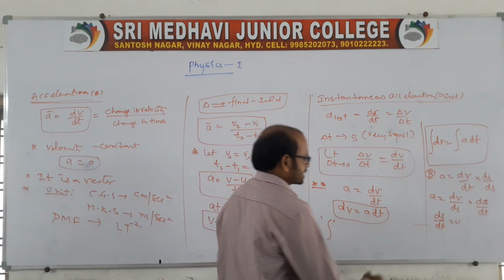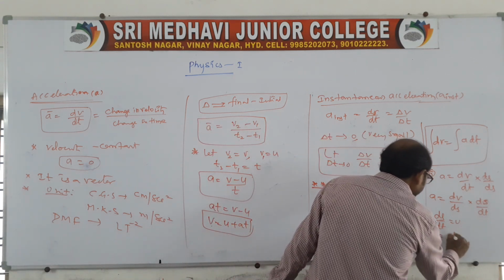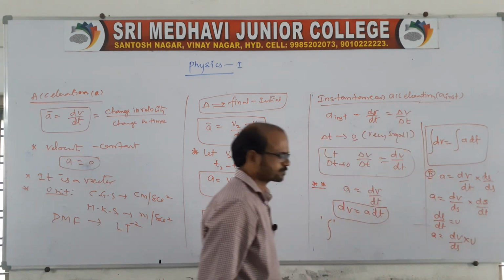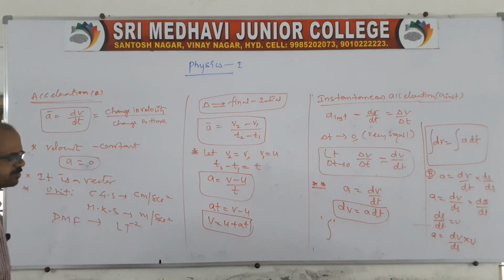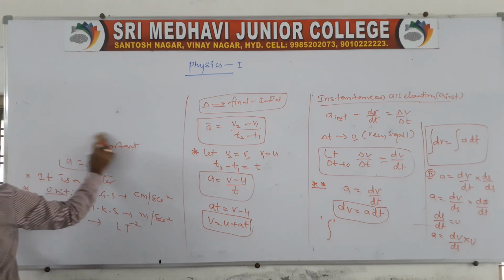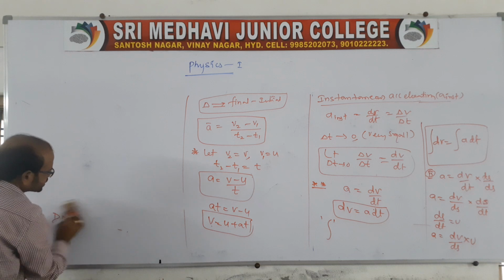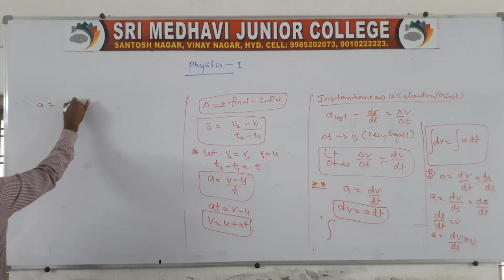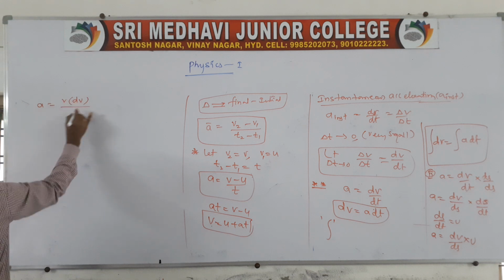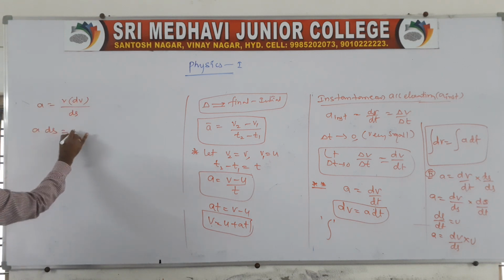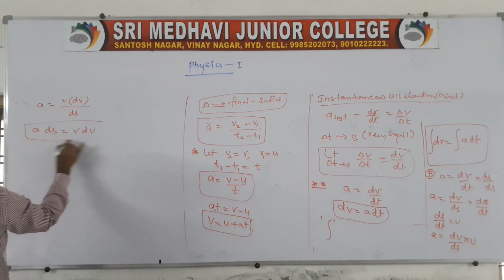So we can take acceleration is equal to v into dv by ds. Okay, from there also we can again apply the integration method. That is a is equal to v dv by ds. So cross multiply this: a into ds is equal to v dv. So this is the relation.